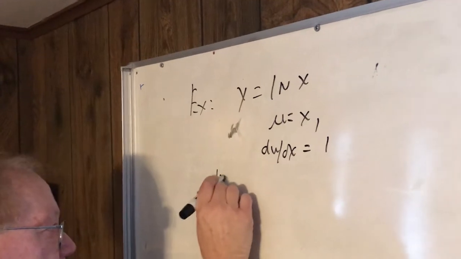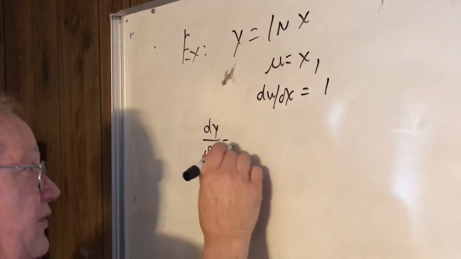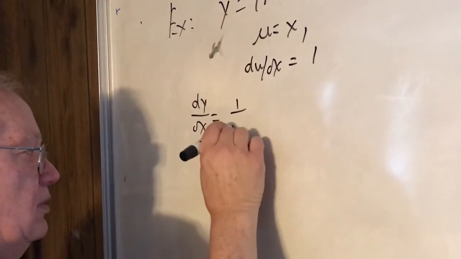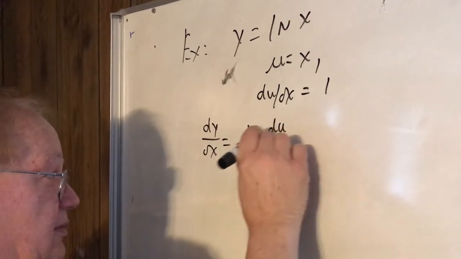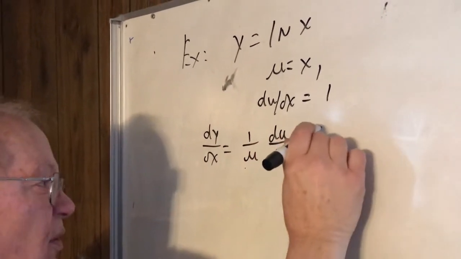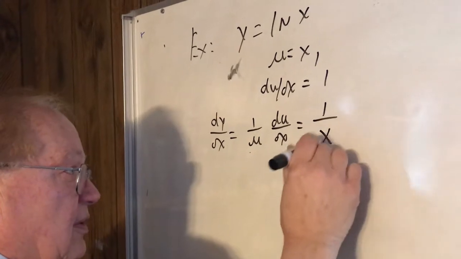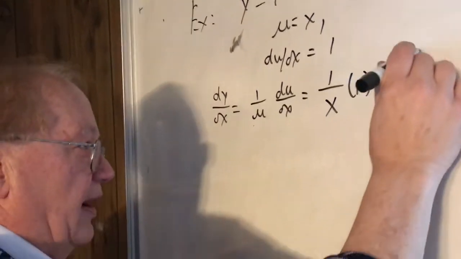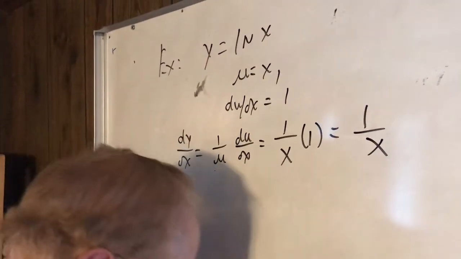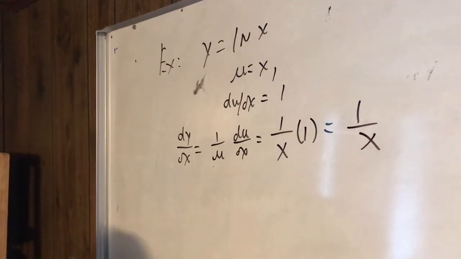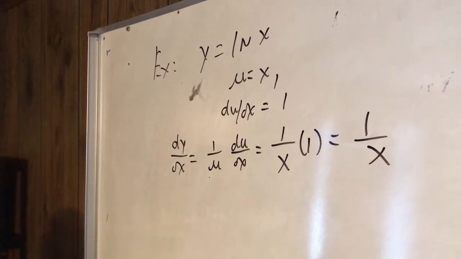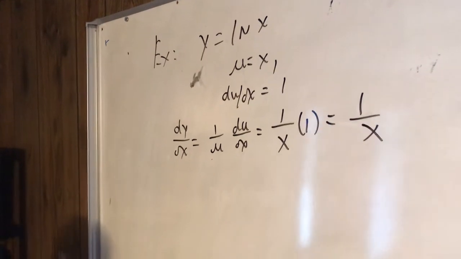So according to our rule, dy dx is going to be 1 over u times du dx, or 1 over x times 1, or simply 1 over x. That is the derivative of that function with respect to x.